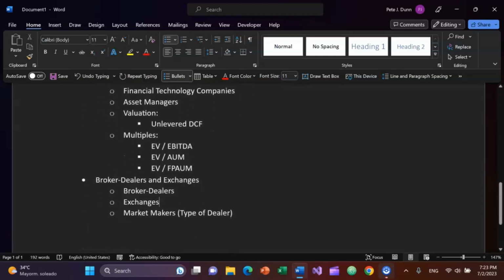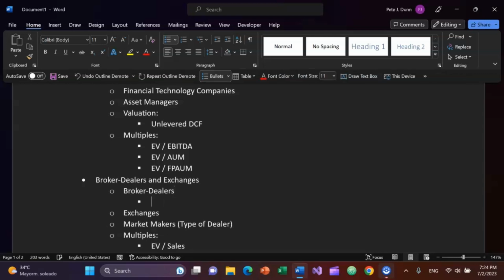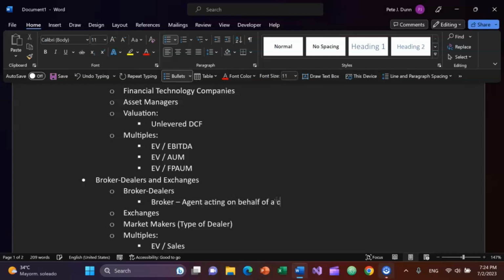And then finally, you have broker-dealers and exchanges. You can look at different multiples for these. So you can look at EV to sales, enterprise value to EBITDA, etc. Some of the more traditional multiples. And then a broker is an agent acting on behalf of a client for a commission.